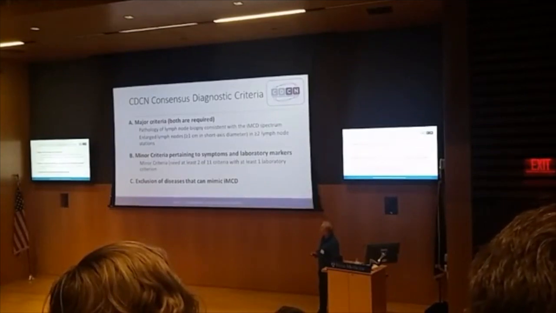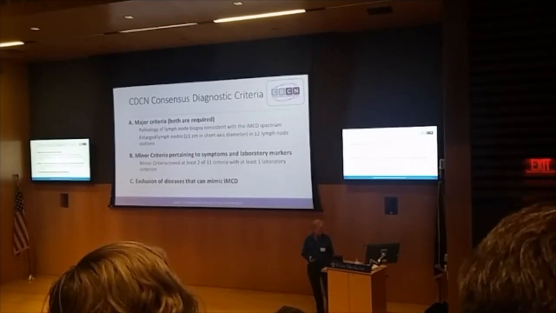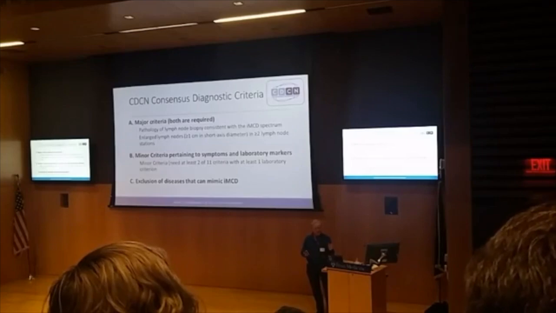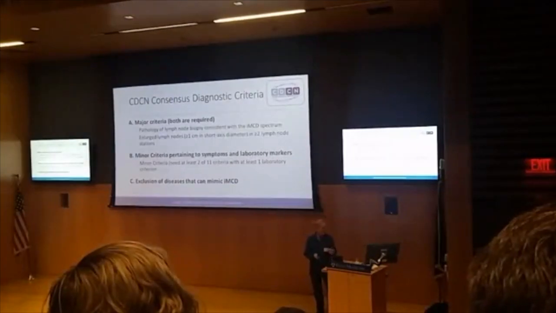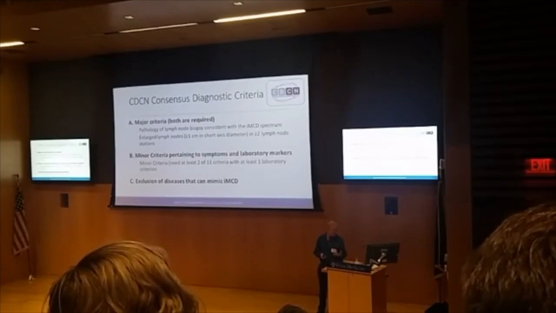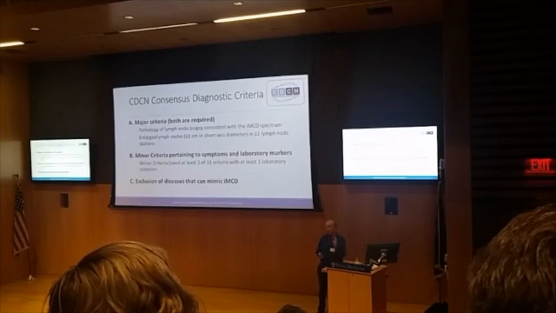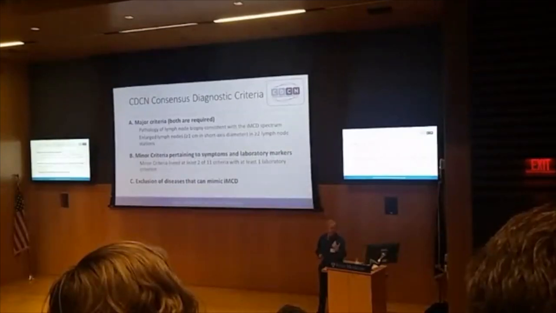The CDCN published the consensus diagnostic criteria for idiopathic multicentric Castleman disease. So how do you reach the diagnosis? Again, you need to have a lymph node which looks like Castleman disease, though that doesn't mean you have it. You need to have lymph nodes in multiple places for the multicentric variety. And you need to exclude other diseases that can look like Castleman's disease, and that third criterion is very important.